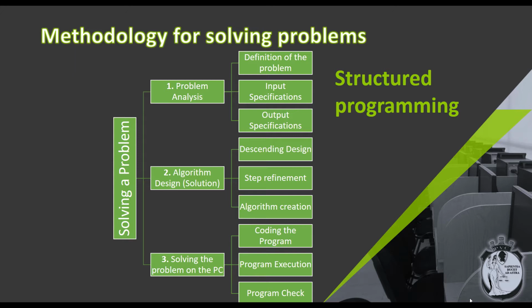So you need to create a solution designed in descending order, and you need to create the algorithm. Now finally, you need to solve the problem on the PC. You need to create a program, coding a program. You need to execute the program and check the program. This is all the steps that you need to do.